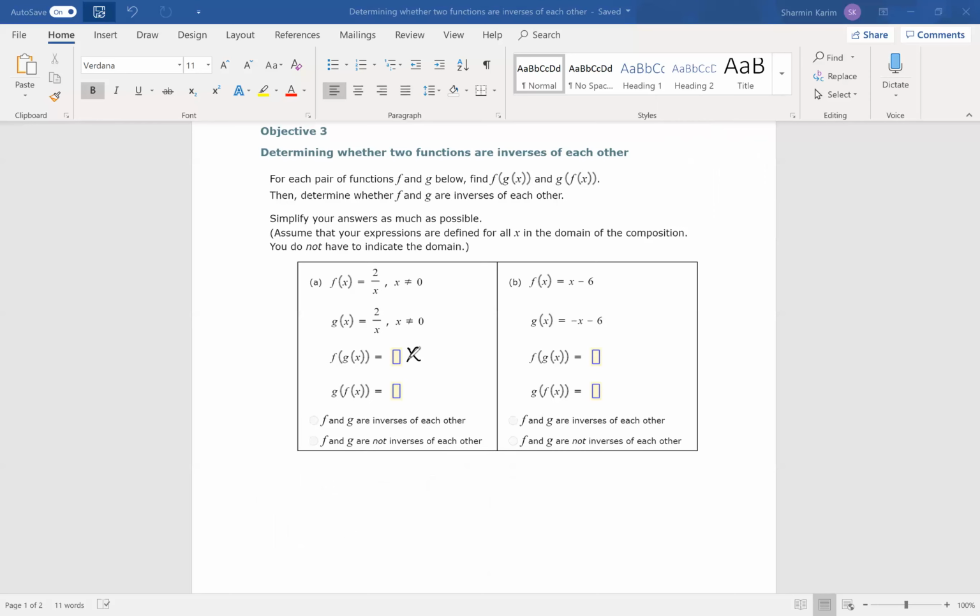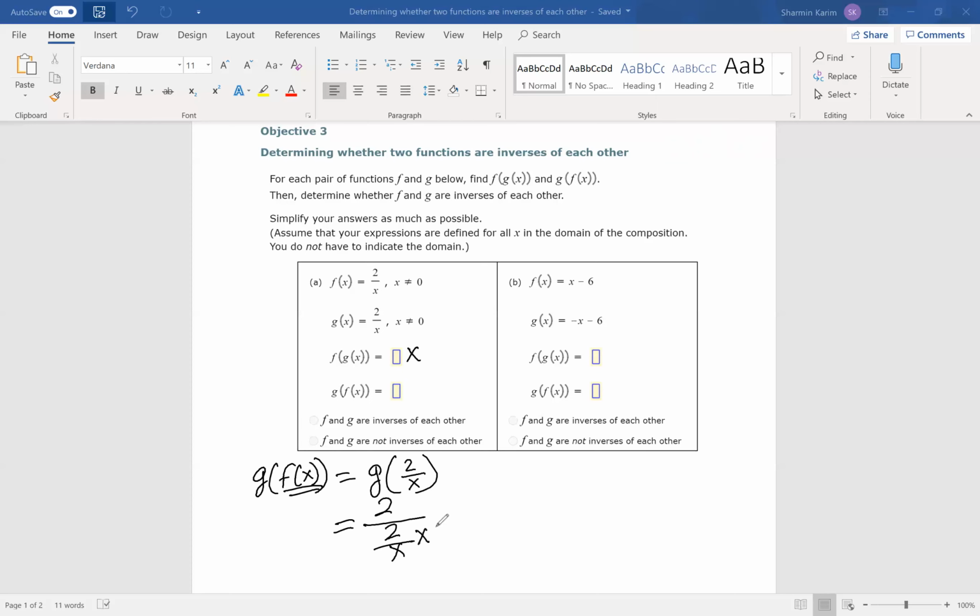Now we will find g of f of x. So f of x will be substituted for 2 over x. And then g is 2 over x, and x will be substituted for 2 over x.